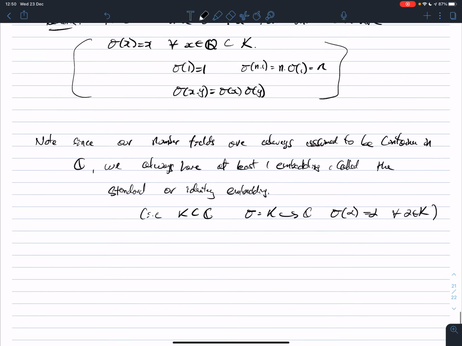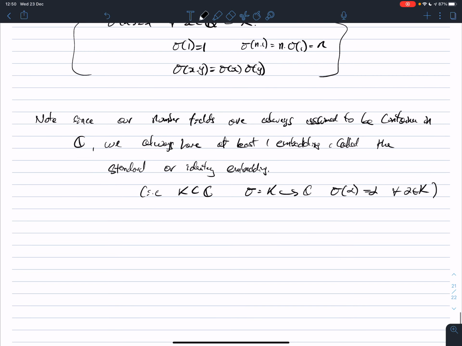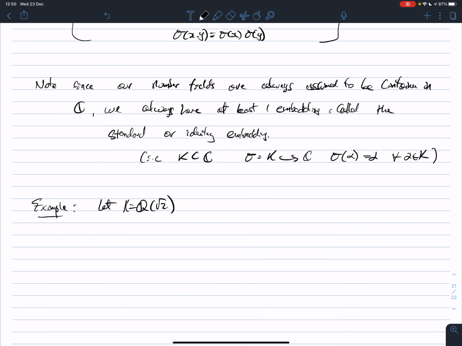Okay, so let's look at some other, more interesting examples of embeddings. Example: our favorite field, K equals Q adjoin root 2. Then in this case we have two embeddings. What are they? Well, let's call them sigma 1 and sigma 2.